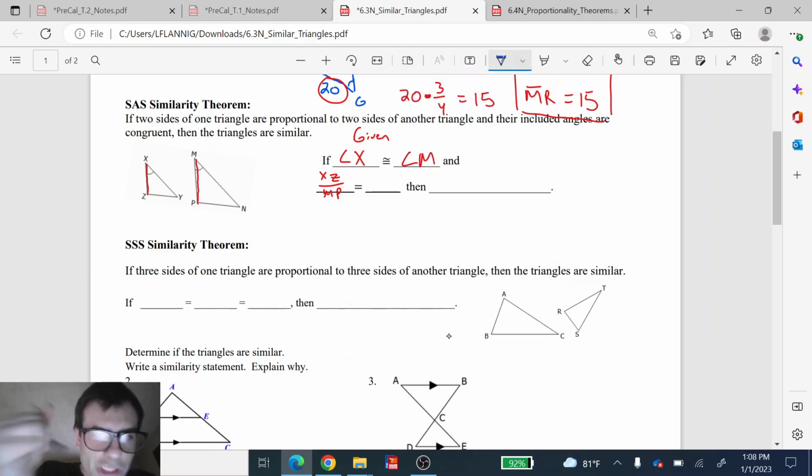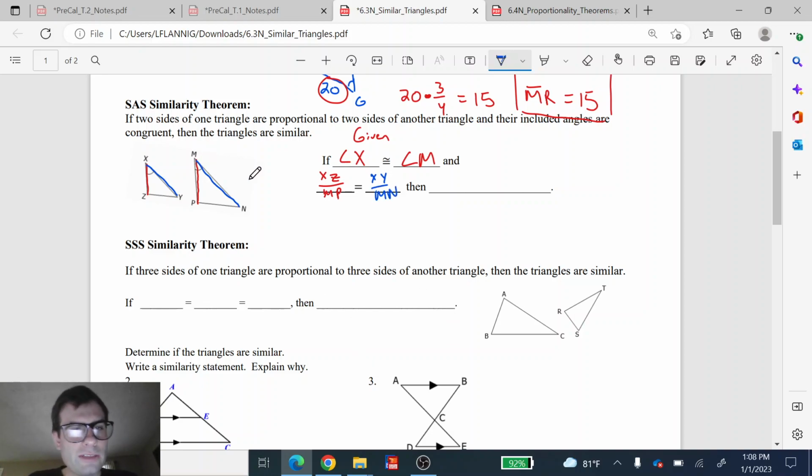And that quotient should be equal to XY over MN. So when I divide this side by this side, the reds by the reds, and the blue by the blue, I should be able to say triangle XYZ is similar to triangle MNP. So again, you're dividing red by red and blue by blue.